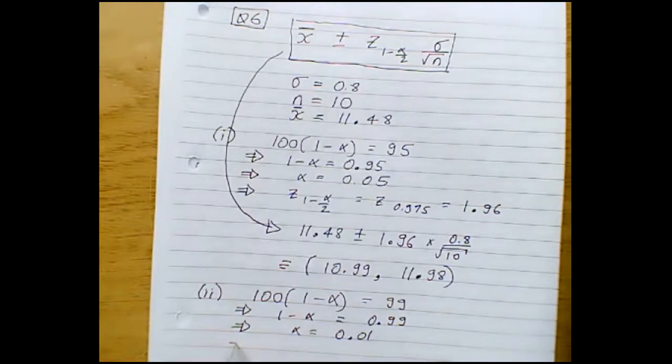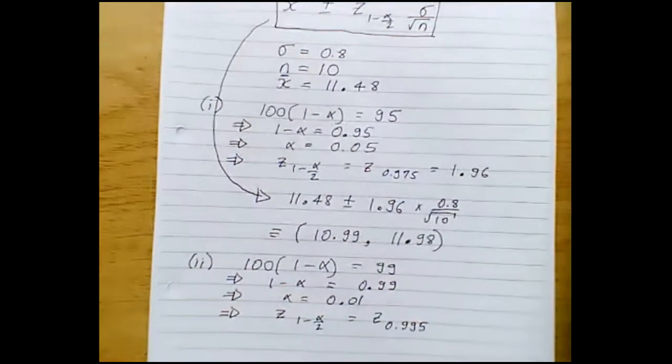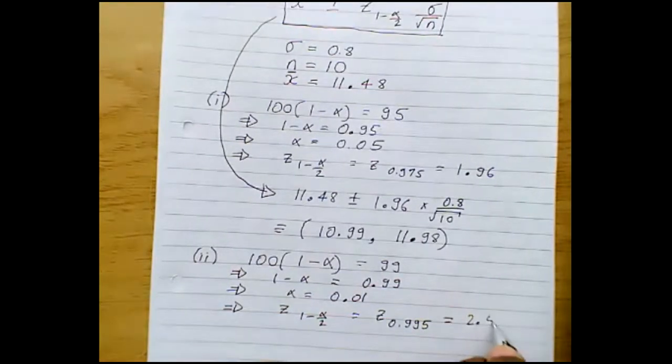So your Z at 1 minus alpha by 2 will be Z 0.995.